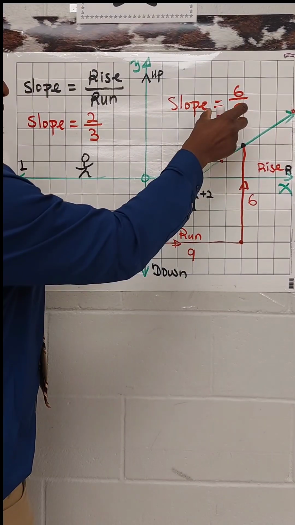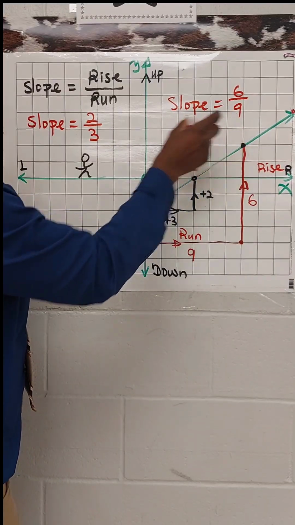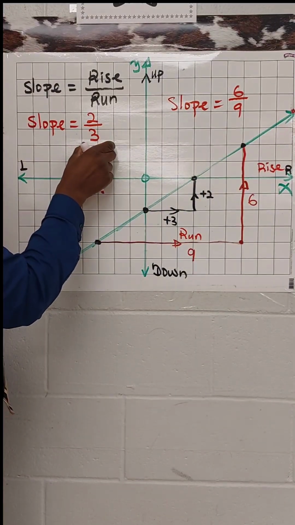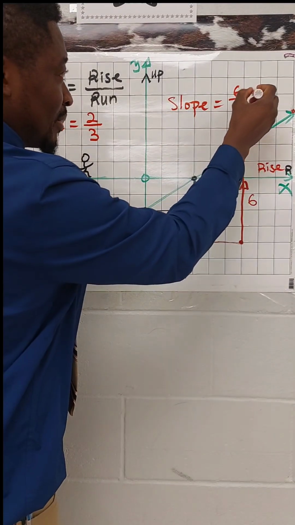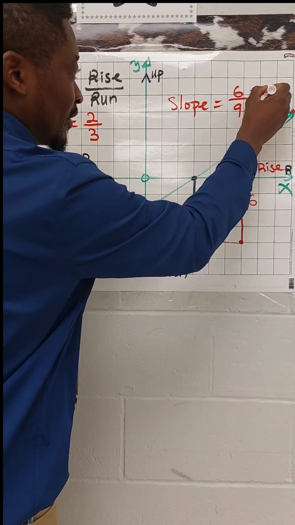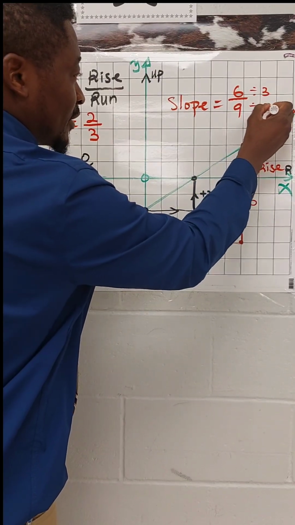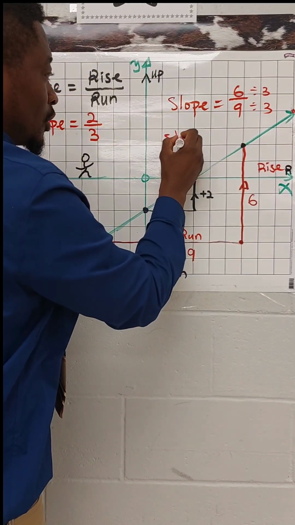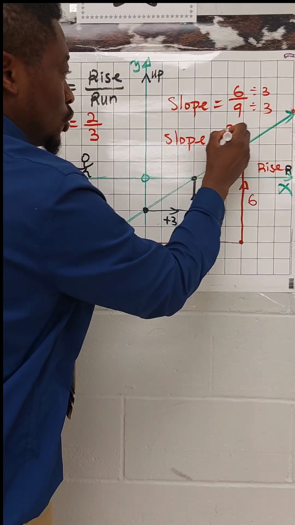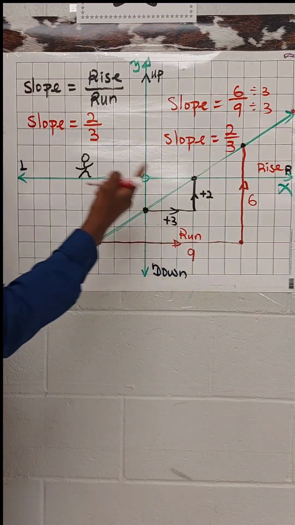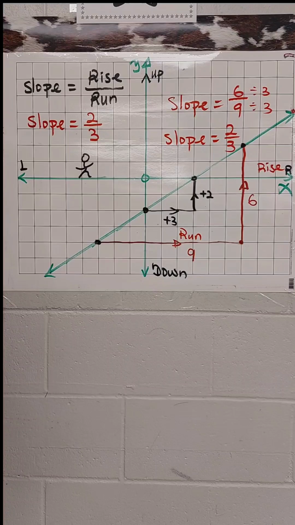This is an equivalent fraction of 2/3 because we can simplify this by dividing here by 3 and dividing here by 3, and that will bring us to the same slope of 2/3. So the slope of this line is 2/3. That means the line has a rise of 2 and a run of 3.